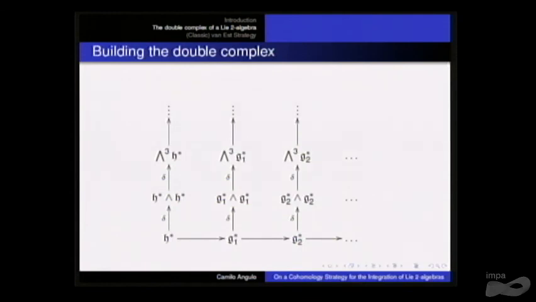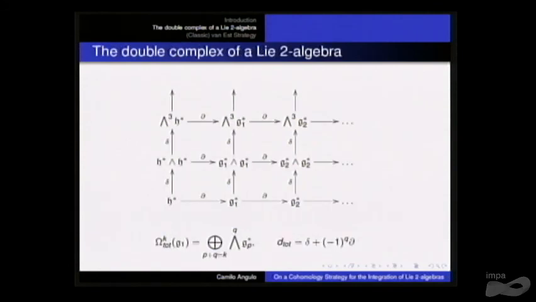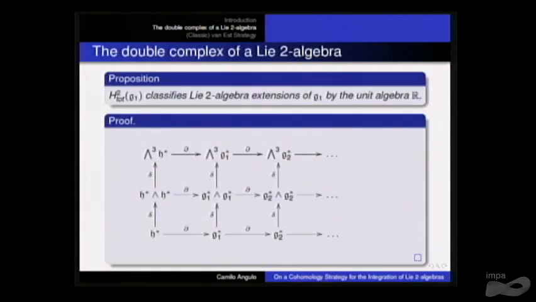And it turns out that there is a way of filling this, and that is taking appropriate subspaces of multilinear alternating groupoid cochains, subcomplexes of groupoid cochains on the powers of the Lie 2 algebra. And by looking at the cohomology of such an object, I realized that the second cohomology classifies extensions.